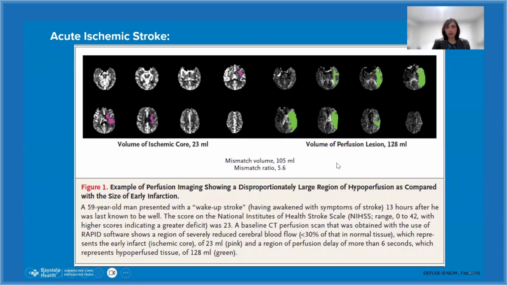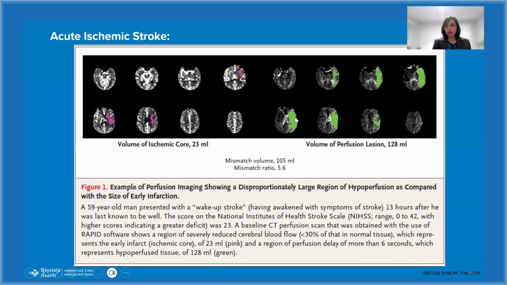And this is what we used for all these trials. So this was a special type of CAT scan study, which is known as CT perfusion. And if you recall, we talked about the core and we talked about the penumbra. So the core is the tissue which is already damaged or which is already infarcted. This is the tissue here that you're seeing in pink, where you have cell death.